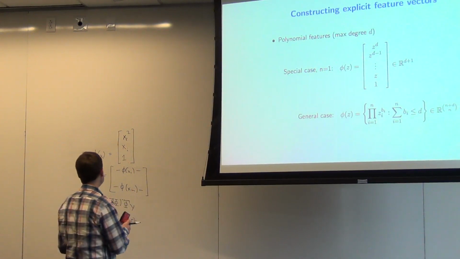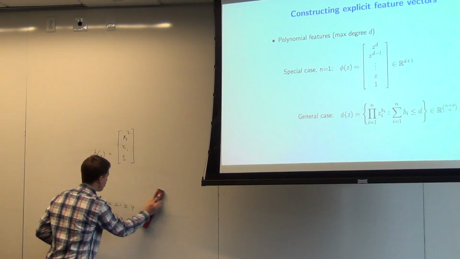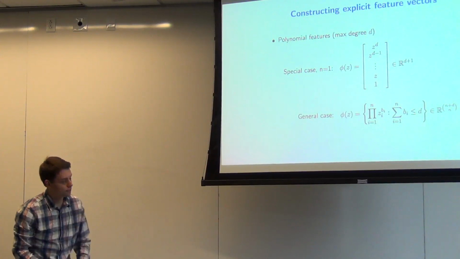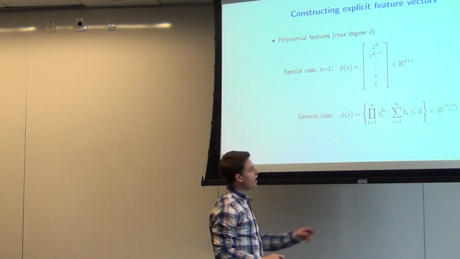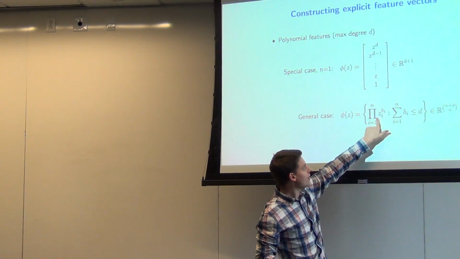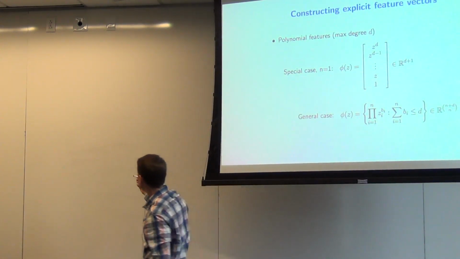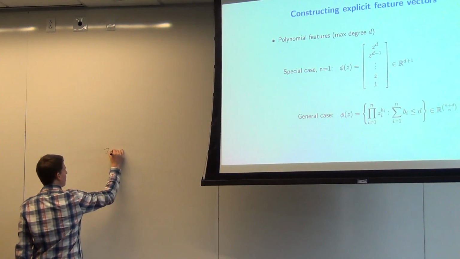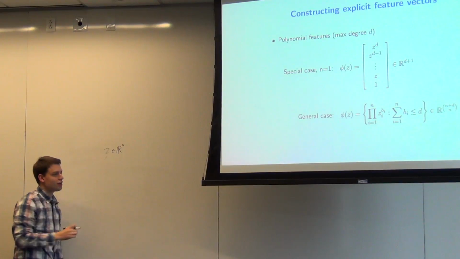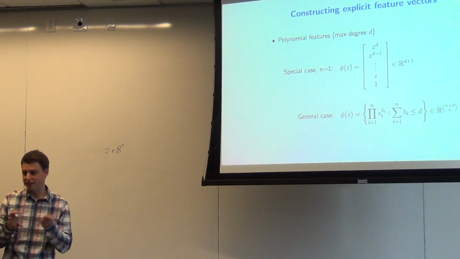So let's suppose that z is two-dimensional. I'm giving the general form there. The general formula says, all right, I'm going to take all products of every z_i term. So now let's say that z is in R^n. I want to be able to use the subscript to actually index into the variable.